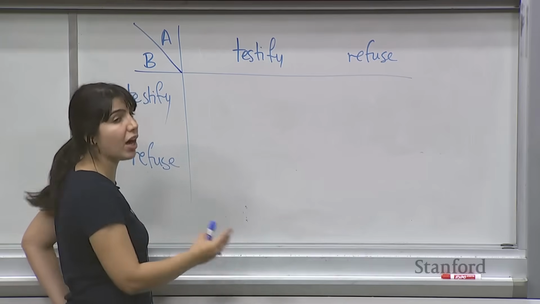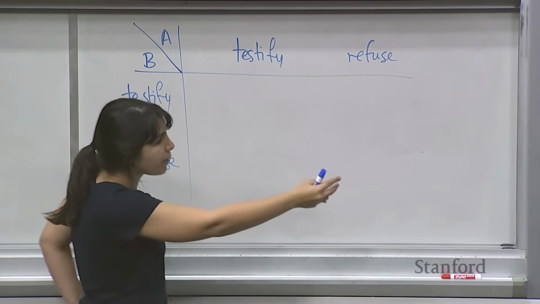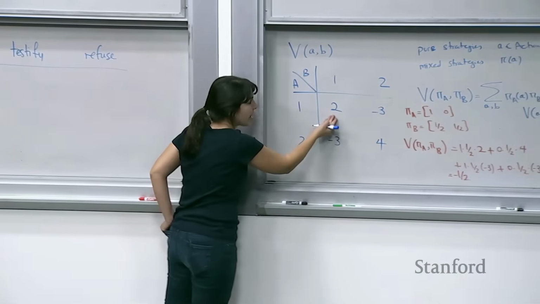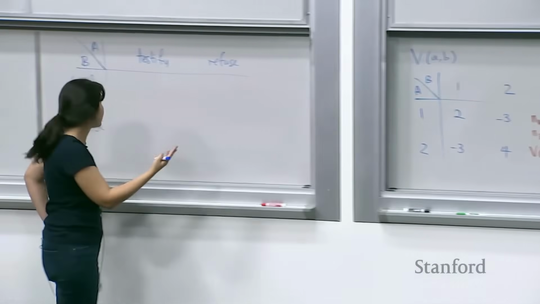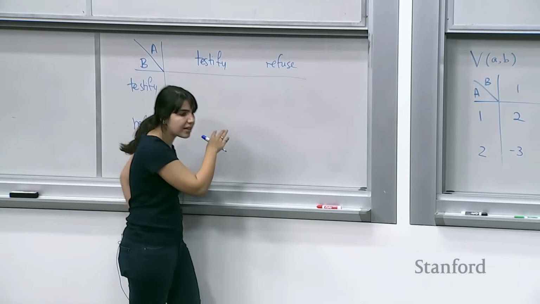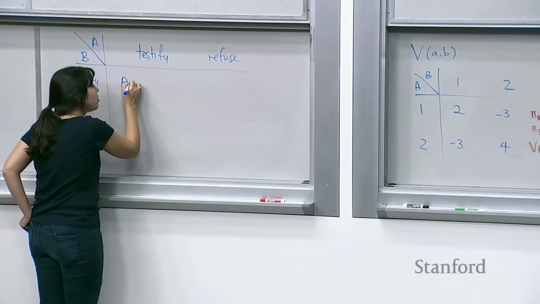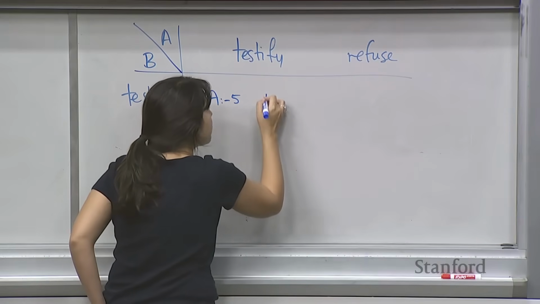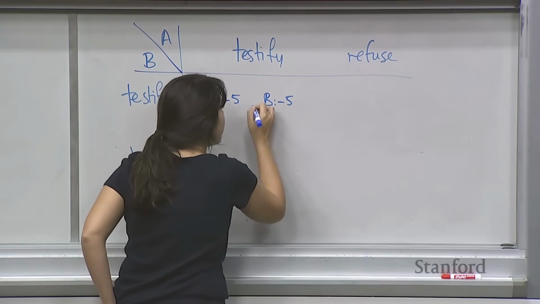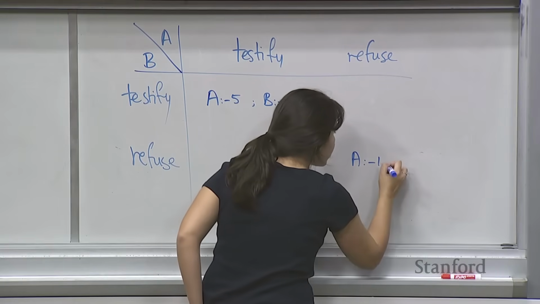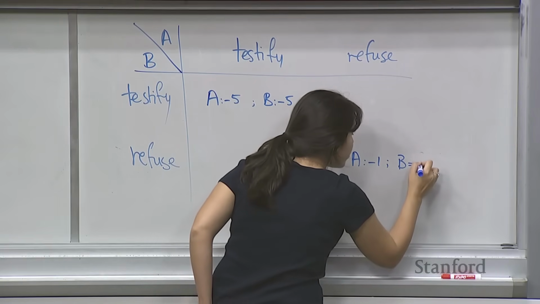And why is that? Because we have a non-zero sum game. Before, our payoff matrix only had 1 entry because this was for player A. Player B would just get the negative of that. But now players A and B are getting different values. So if both of us testify, then both of us get 5 years jail. So A gets 5 years jail, B gets 5 years. If both of us refuse, A gets 1 year jail, B gets 1 year jail.